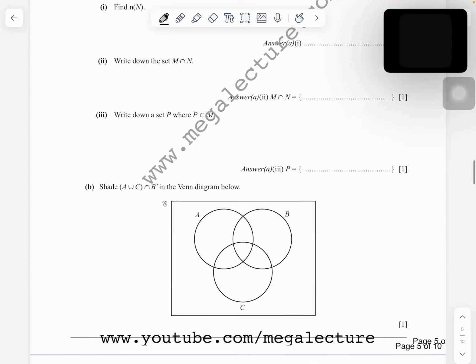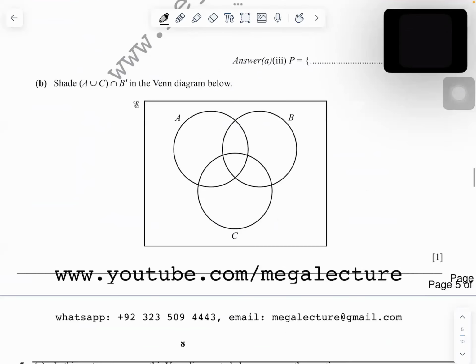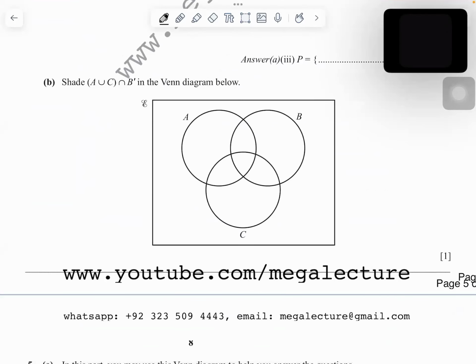Let me see. There were other shading as well. Let's complete the shading. Okay, this one. That sounds easy as well. So A and C and then intersection. I can shade this.